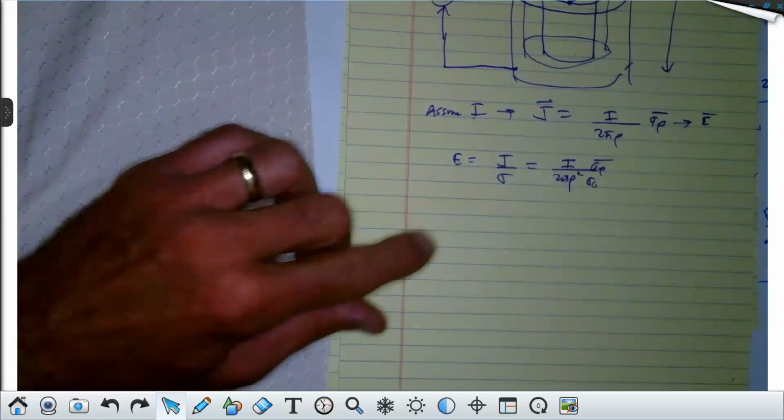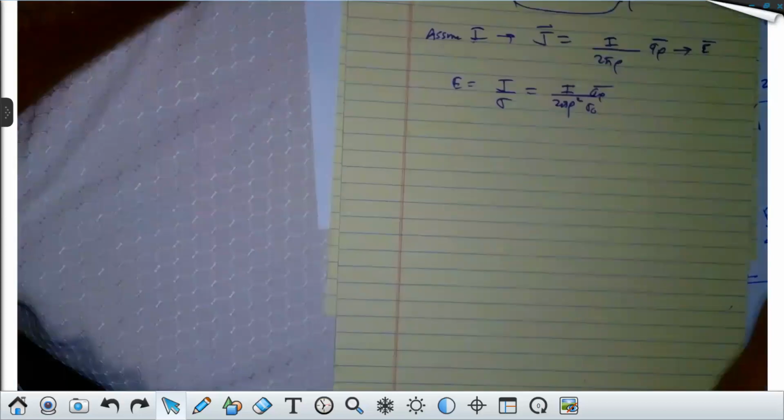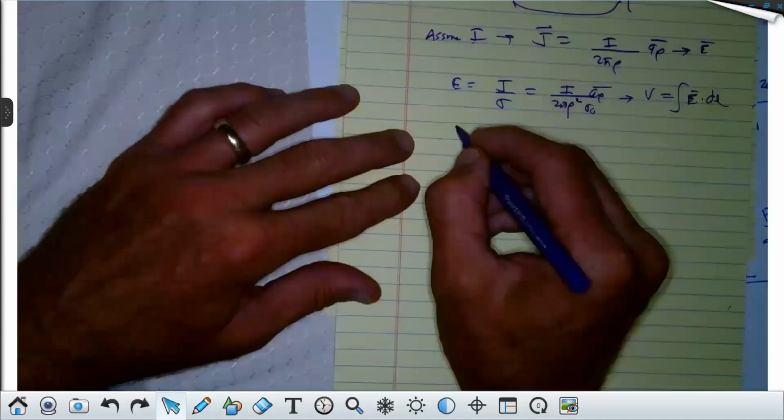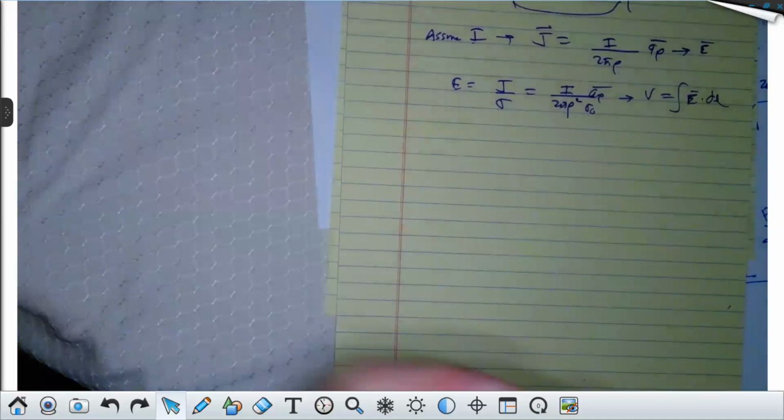That's E. The next thing I need is what? V, right? I need the voltage. So the next thing I need to find is V, and that's the integral of E dot dl. You worry about the magnitude. If you get a negative value, get rid of the negative sign. Resistance is always positive.